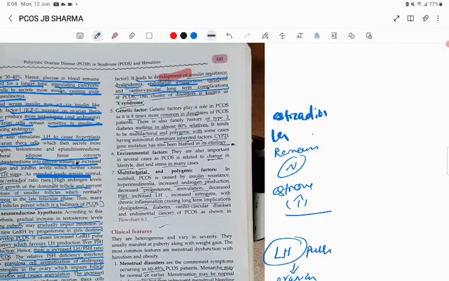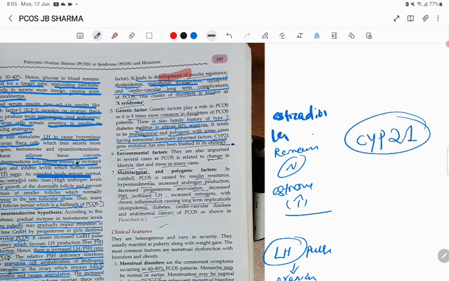There is also a family history of type 2 diabetes mellitus in 80% of cases. It tends to be multifactorial, polygenic, with some cases having autosomal dominant inheritance. CYP21, remember the gene, CYP21 gene mutations have also been blamed in its etiology.